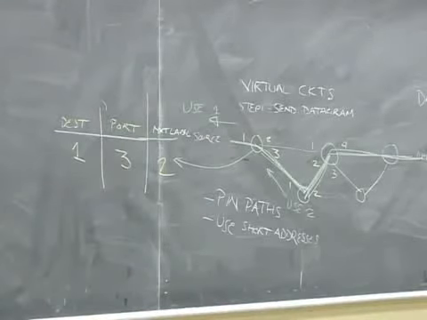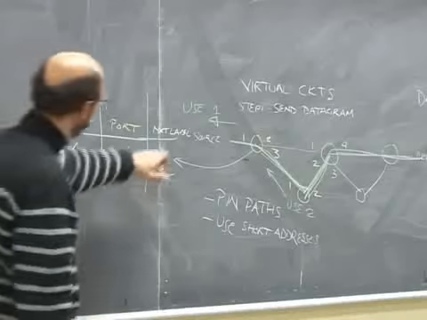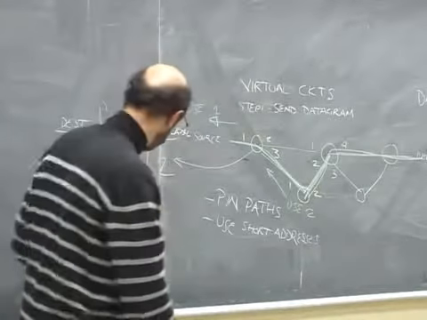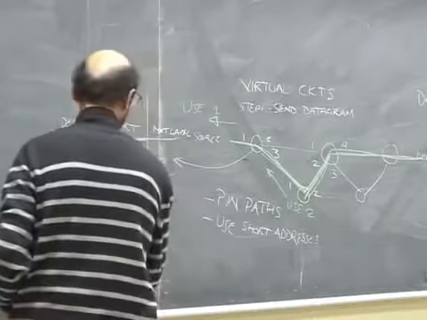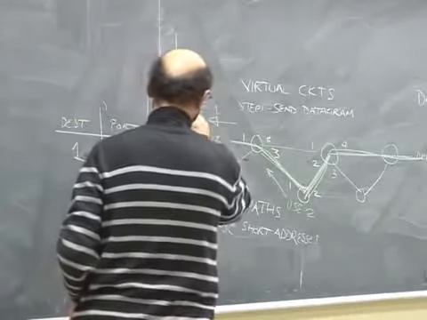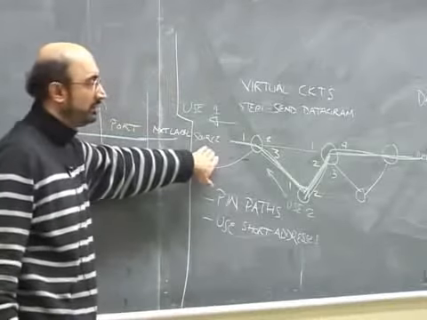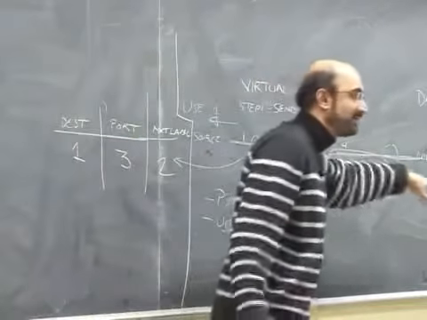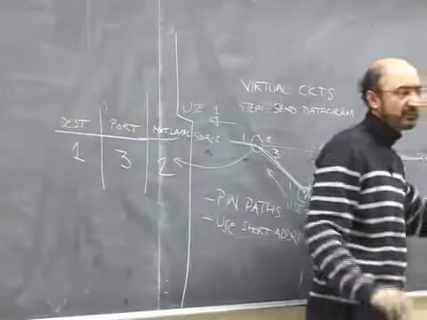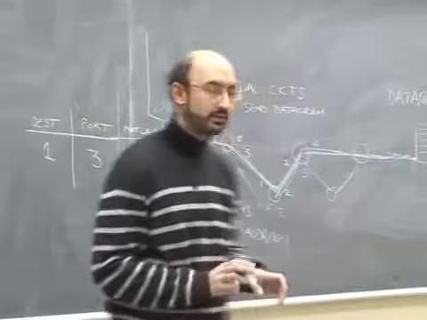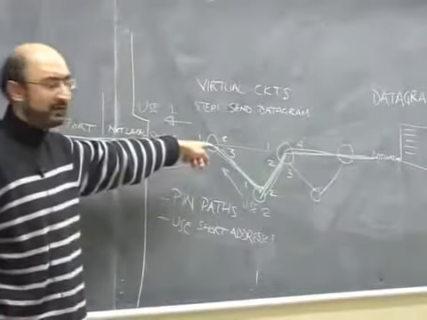Let's walk through this step by step. Okay? So the source over here, and I'm getting a bit cramped, so let me draw a line here too. The source over here wants to talk to this destination, and it puts the full address over here, so everybody knows what it is. And it gives it to the first router over here.